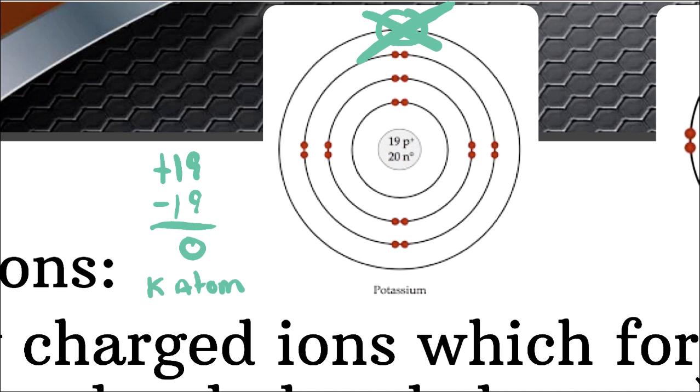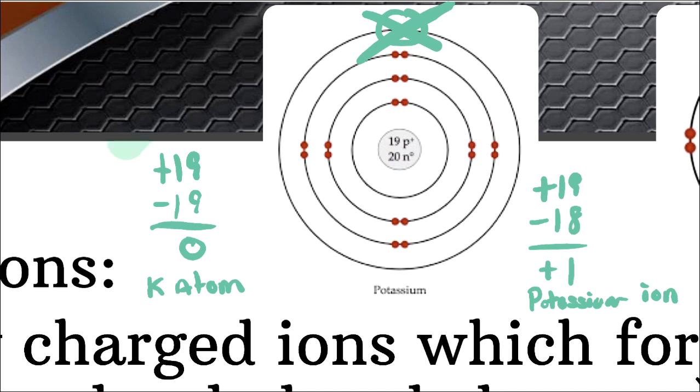It's forming an ionic bond with something else. All right, so we still have the 19 protons, but now because we got rid of an electron, all of a sudden you end up with a +1 net charge. This is called a potassium ion.